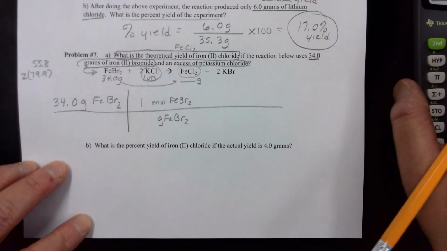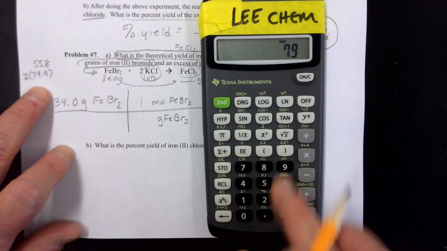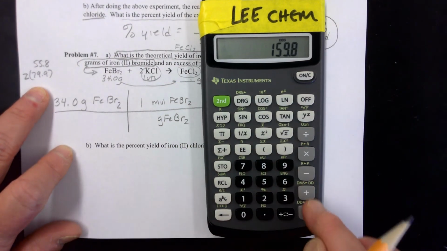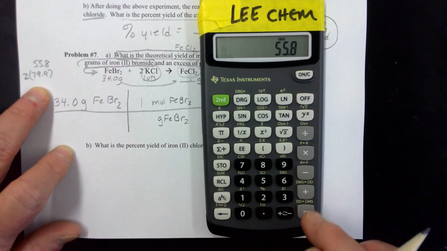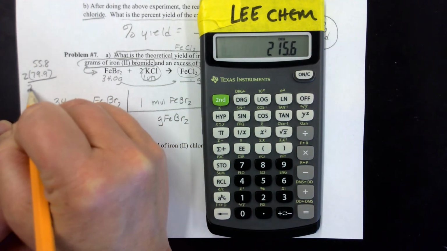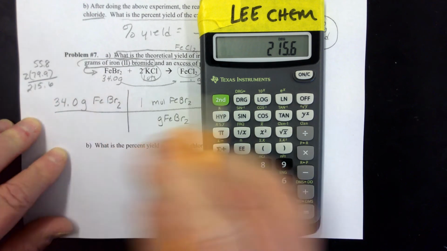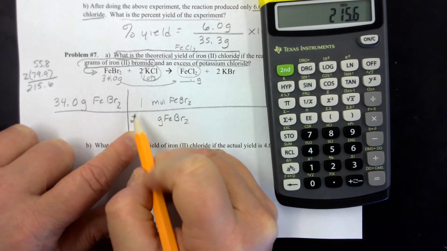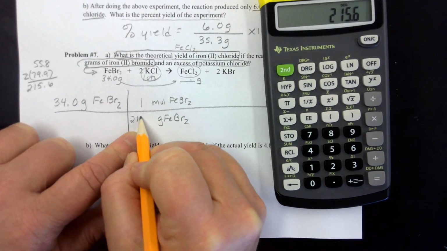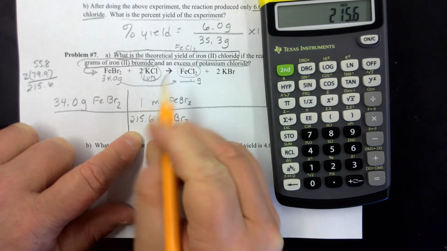Okay, and so when we add that up, 79.9 times 2 plus the 55.8, we see the molar mass of this substance is 215.6. So that's the molar mass of iron 2 bromide, 215.6.